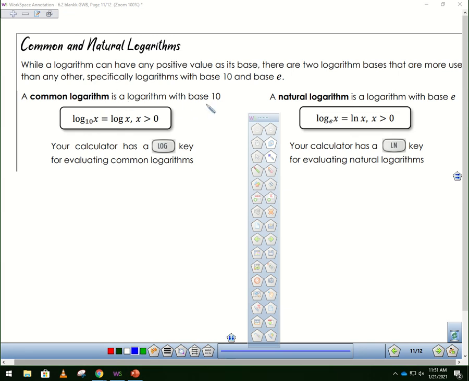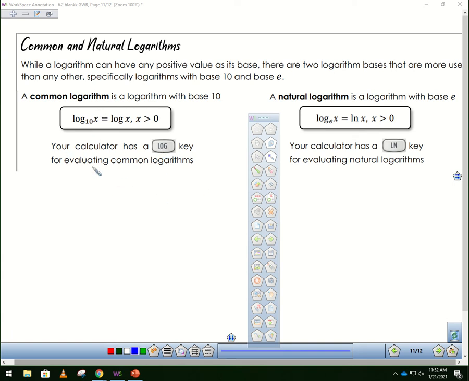A common logarithm is a logarithm with base 10. So you're going to see that if the base is 10, they're not going to write a base at all. It's an implied 10. You know how in coefficients we imply that it's a 1 unless we write otherwise? It's the same idea with logs with 10. So you assume that the base is 10 unless they state otherwise, which we did state otherwise in all the other problems we just did.